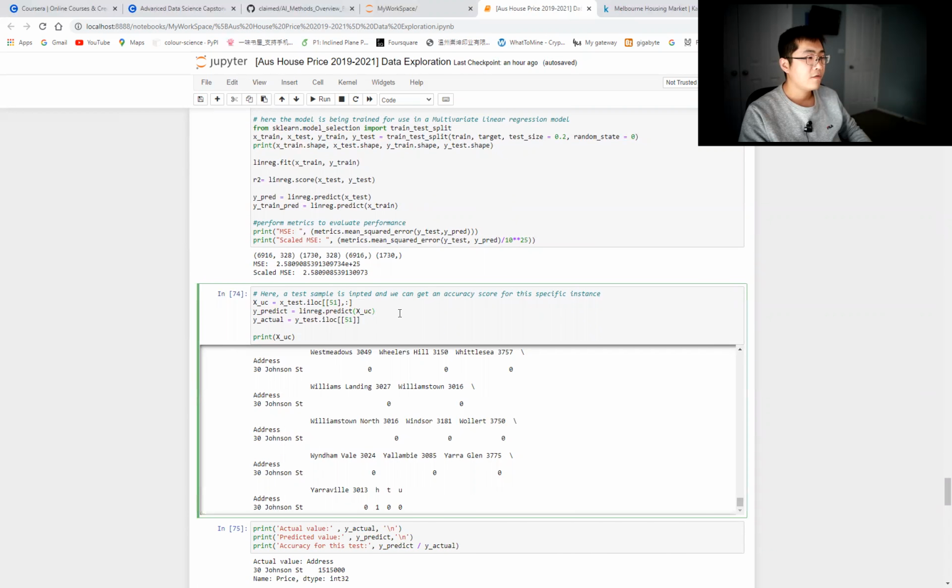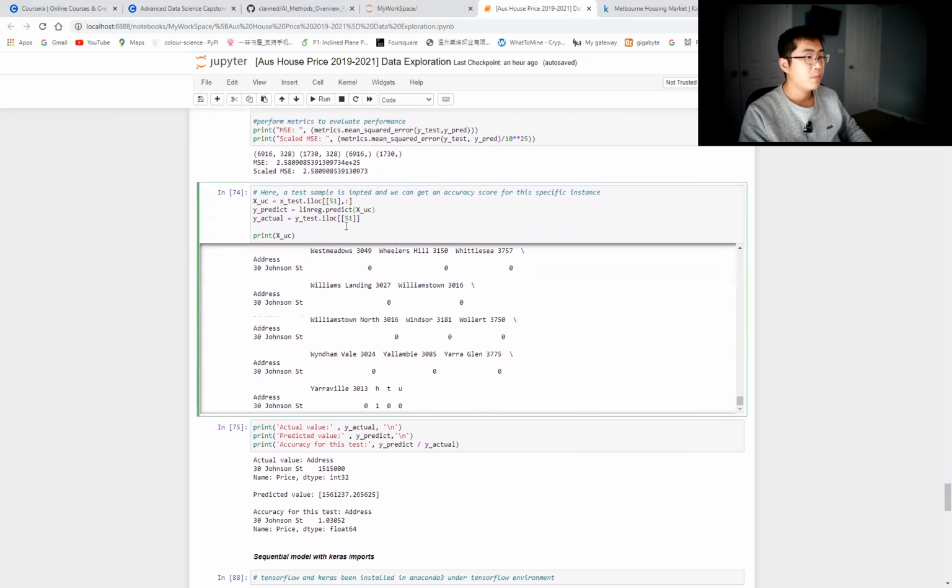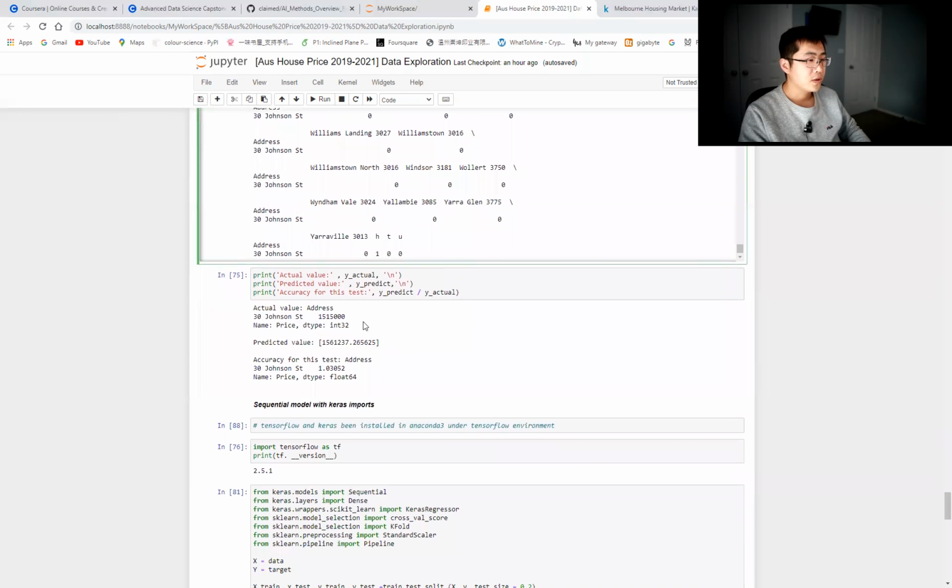And after the model build, we pick up one particular random house, which is number 30 Johnson Street, to double check how much offset between our prediction and the real data. We can see real price of this property is 1,415,000.